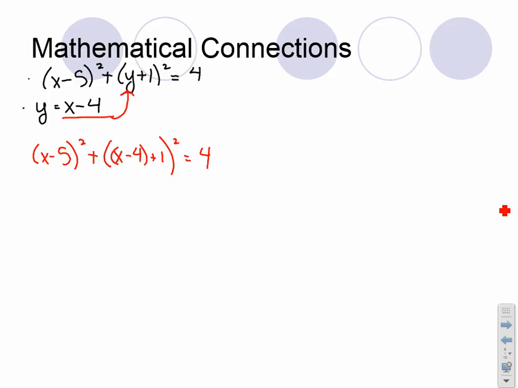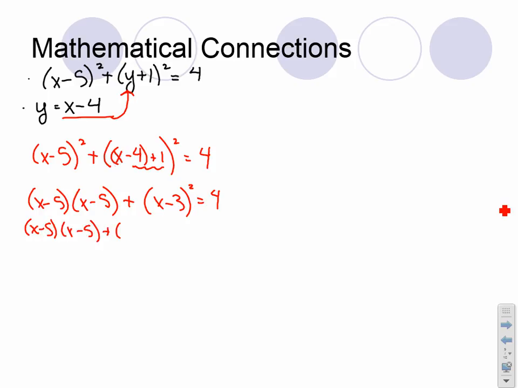So yeah, you got to do a little bit of algebra here. All right, so remember what it means to square a number. This becomes (x minus 5) times (x minus 5), plus, and I'm going to simplify this guy right here, (x minus 3) squared is equal to 4. So then I end up getting (x minus 5)(x minus 5) plus (x minus 3)(x minus 3) is equal to 4.